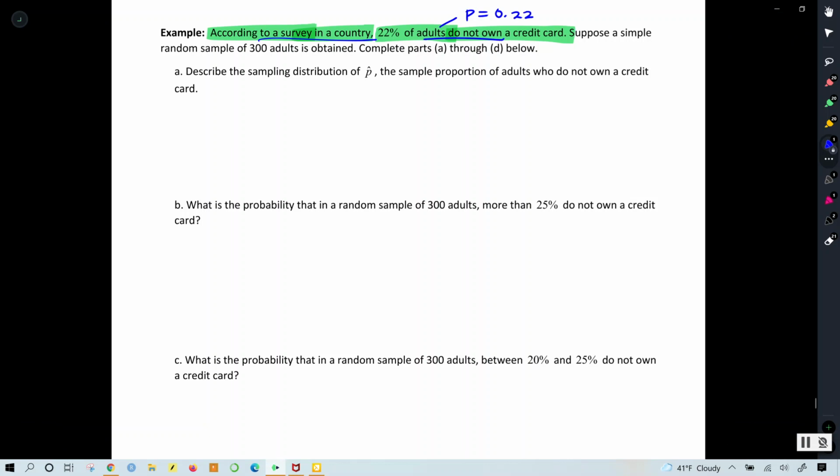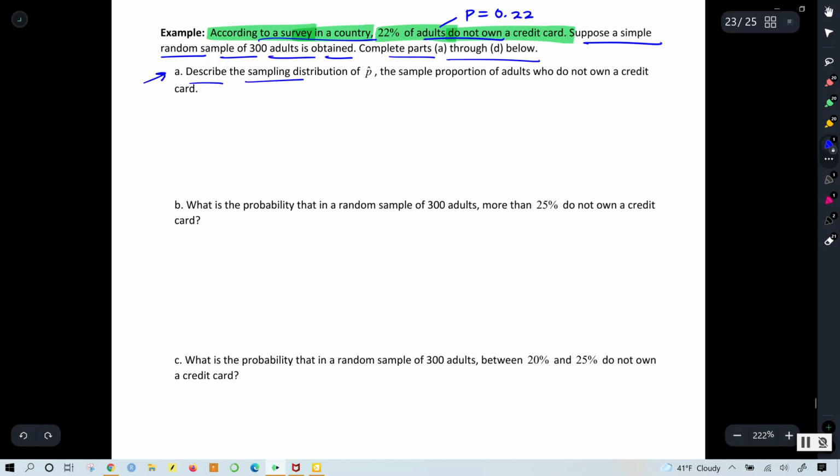It is the sample proportion that has the hat, which indicates that it's an estimate. So suppose a simple random sample of 300 adults is obtained. We are to complete parts A through D below. In part A, we are to describe the sampling distribution of P hat, the sample proportion of adults who do not own a credit card.